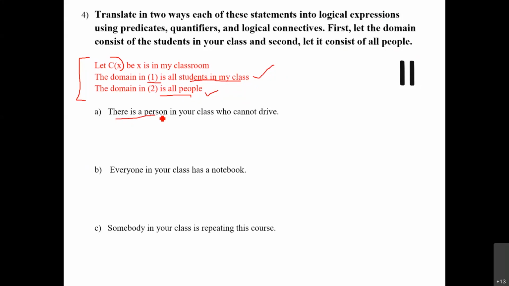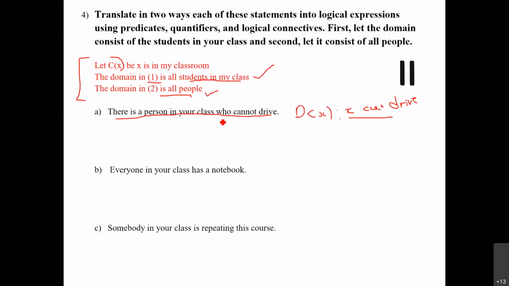There is a person in your class who cannot drive. In order to translate these, we have to break down the sentences into predicates. So maybe D of X, X can drive. I'm not sure if in the solution it's actually going to be like this, but usually when we do predicates, we write the positive version.